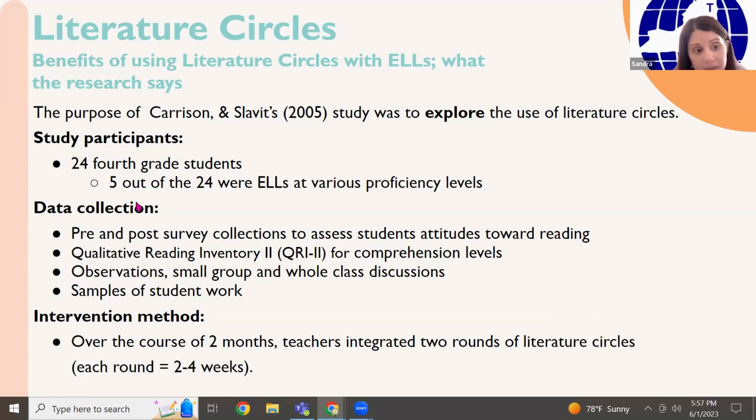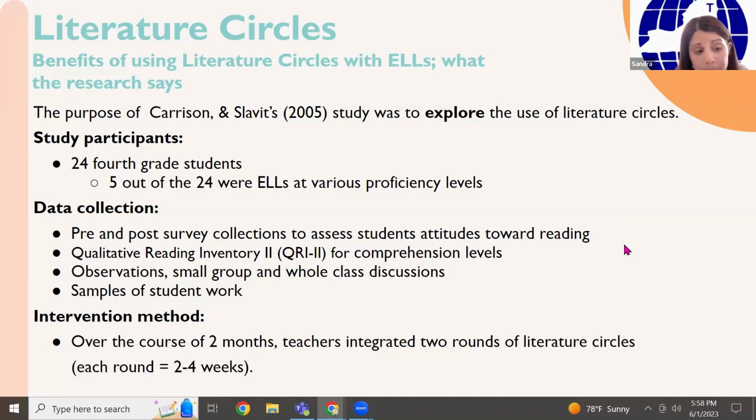In this study, the researchers used 24 students, and only 5 of the 24 were ELLs across various proficiency levels. Again, we noticed a lack of research, particularly with ELLs and this type of discussion protocol.